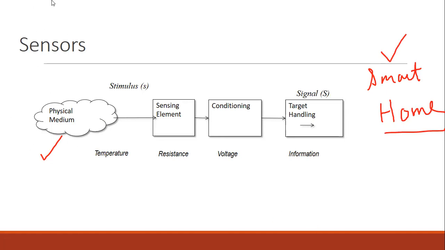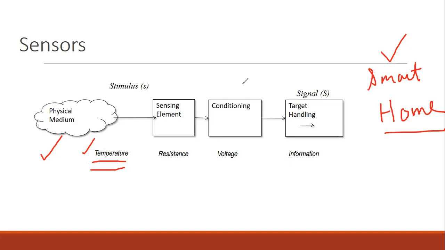Inside the room, you want to measure the temperature of that room. So this is the physical quantity that you want to measure. Now, this physical quantity, that is temperature, is sensed by the sensing element.